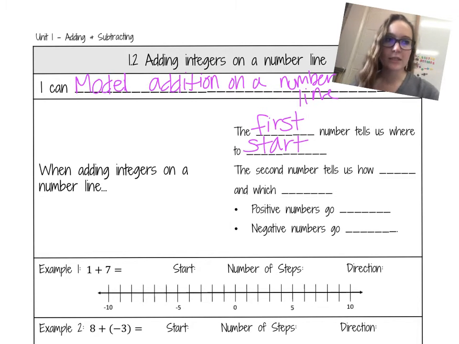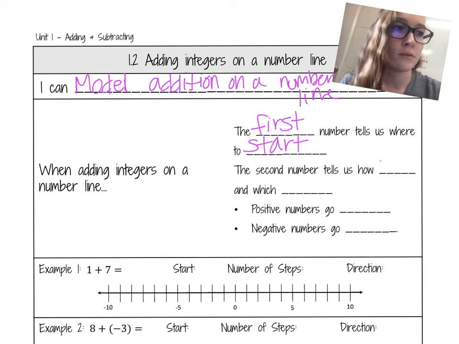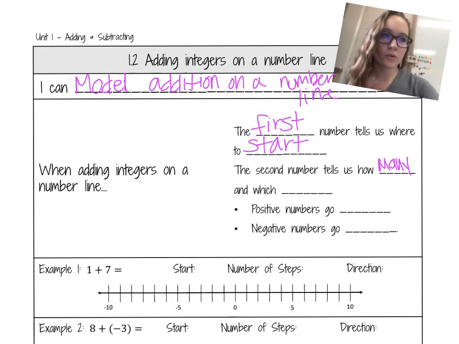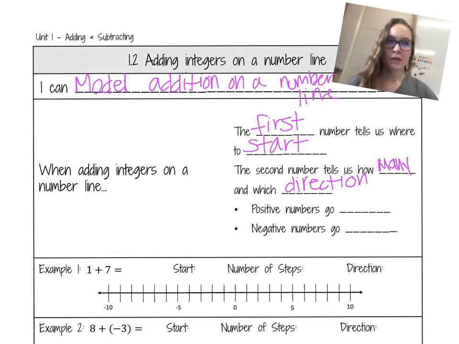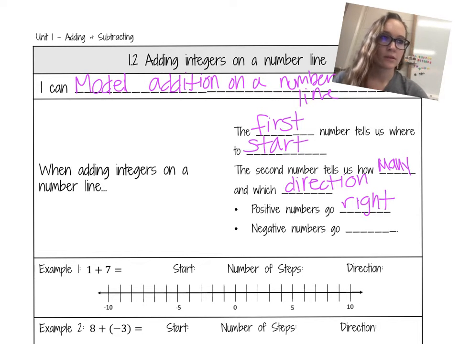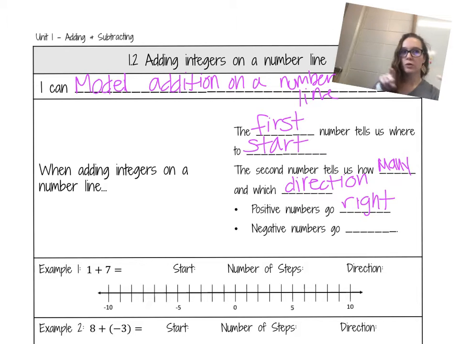The second number tells us how many steps and which direction. If it's a positive number, it's going to go toward the positive side on the right. And if it's a negative number, it goes towards the negatives, which is the left.